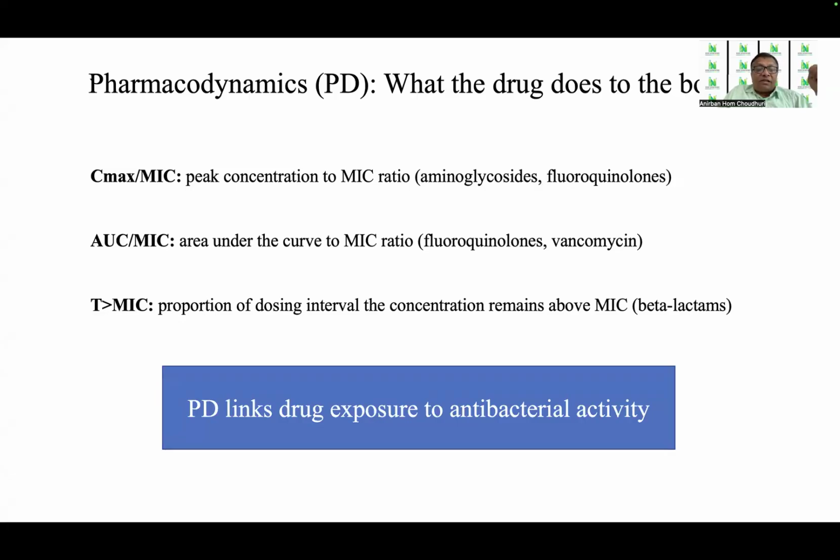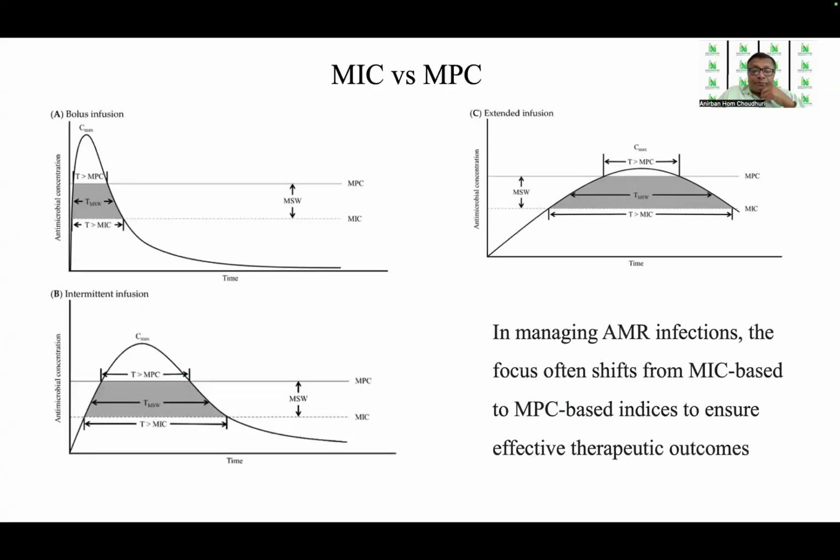Therefore, pharmacodynamics links drug exposure to antibacterial activity. You also have to remember that whenever we administer drugs, it is not only the MIC that serves the purpose. There is another concentration above which we expect the drugs to act, because at that level the mutant production is less.